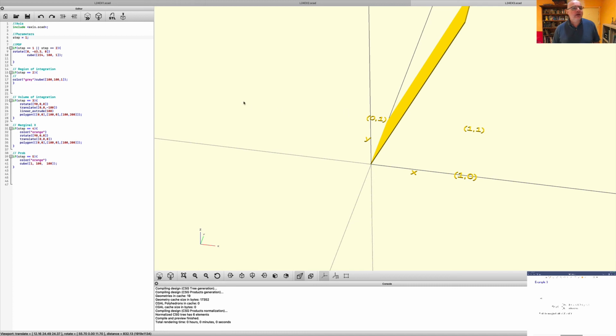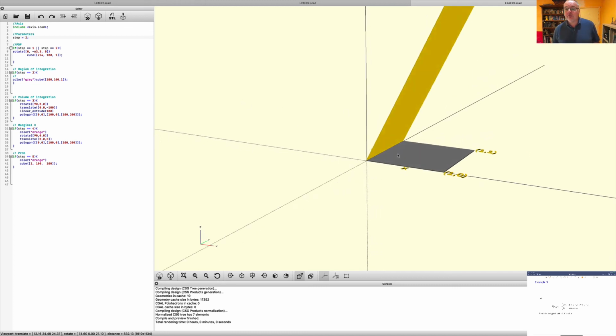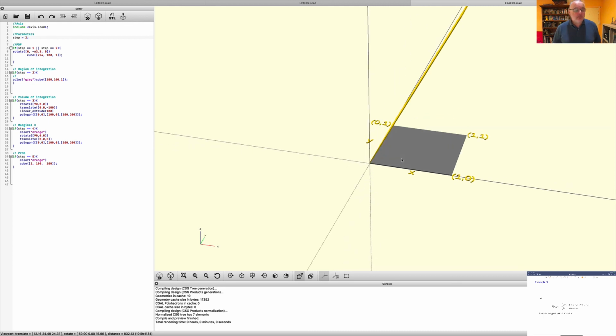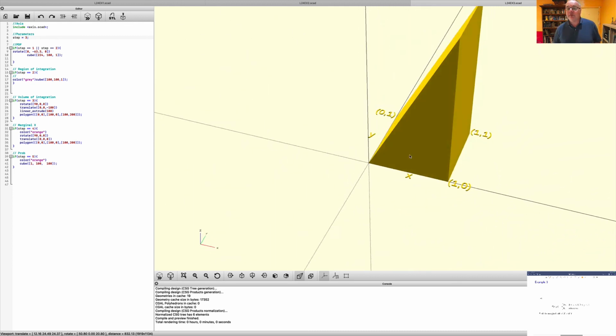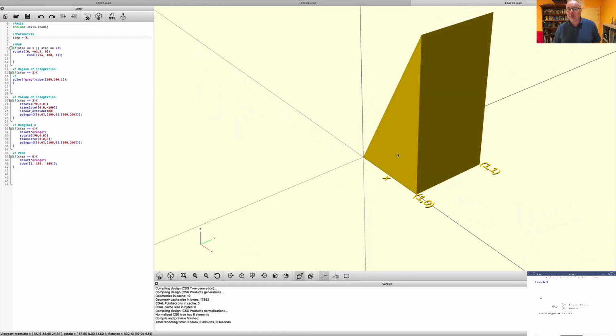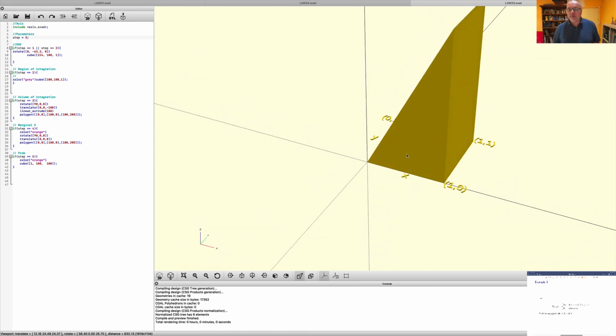All fine. And obviously our region of integration is this, and the volume under that would be this volume here. Hopefully that's valid, and it should be 1. You can check that on your own. So let's go and calculate the marginals.